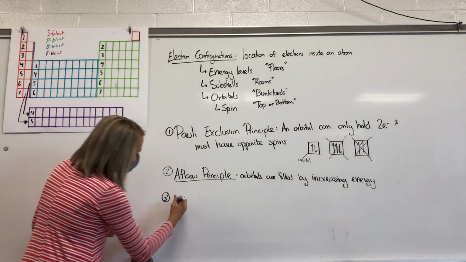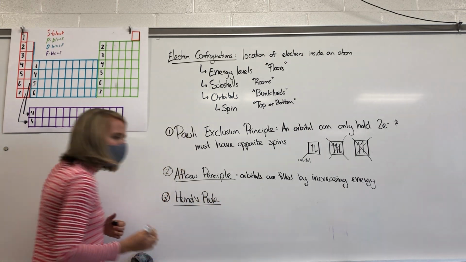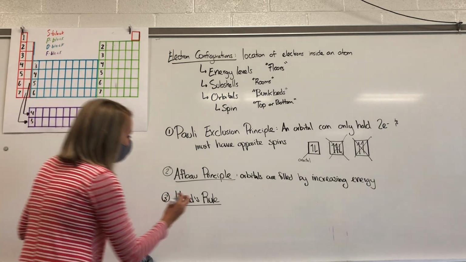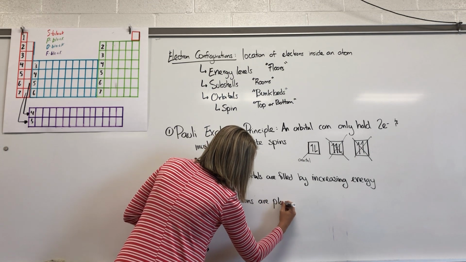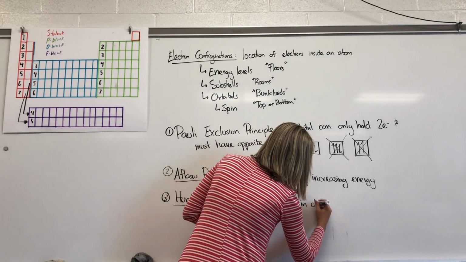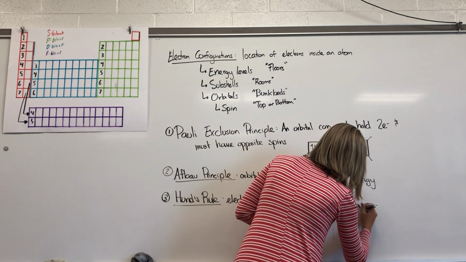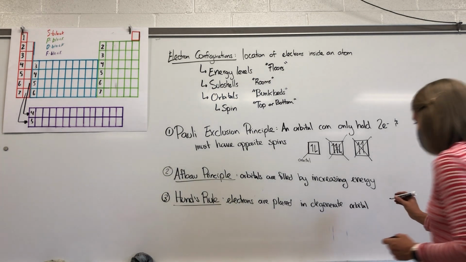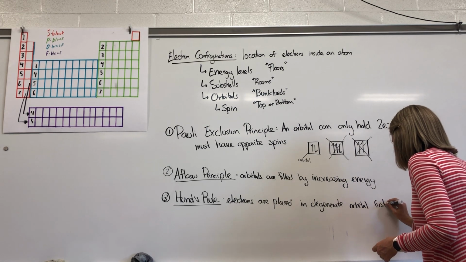The third rule is known as Hund's rule. Hund's rule tells us that electrons are placed in degenerate orbitals before you start filling up the rest, with parallel spins. Sorry, I'm getting really low on the board.